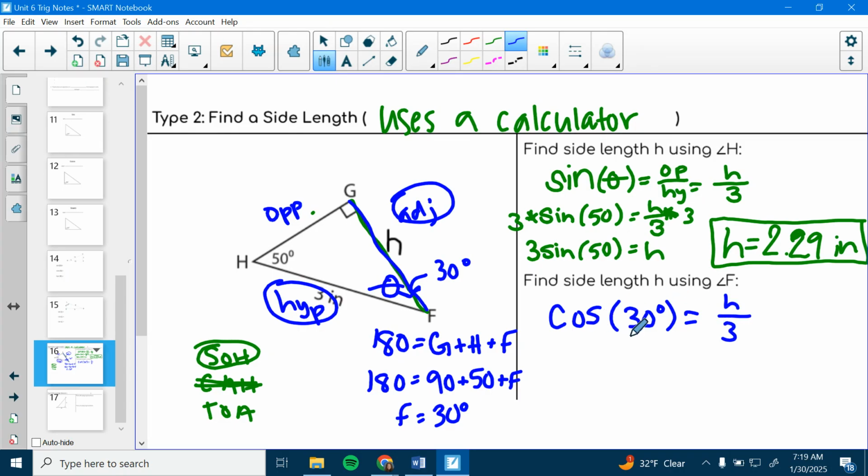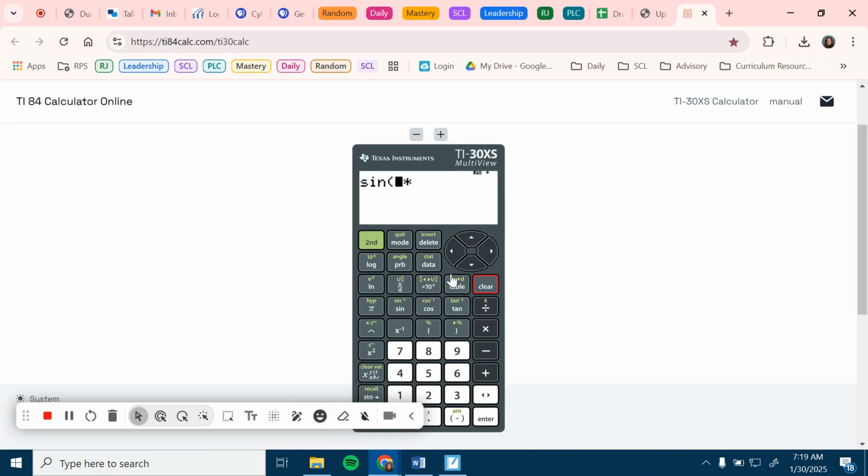I have a different angle, and I have a different trig function, but the same fraction. Let's see what happens. Well, I'm going to multiply by 3 on both sides to get my h by itself. So I have 3 cosine 30 degrees is equal to h. Again, I'm going to go into my calculator and click cosine, which is right up above the parentheses.